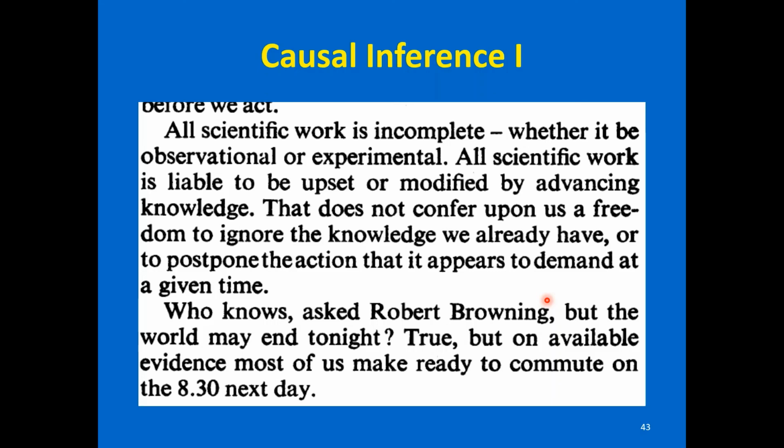All scientific work is liable to be upset or modified by advancing knowledge. That does not confer upon us a freedom to ignore the knowledge we already have, or to postpone the action that it appears to demand at a given time. Who knows, asked Robert Browning, but the world may end tonight? On available evidence, most of us make ready to commute on the 8:30 a.m. next day.